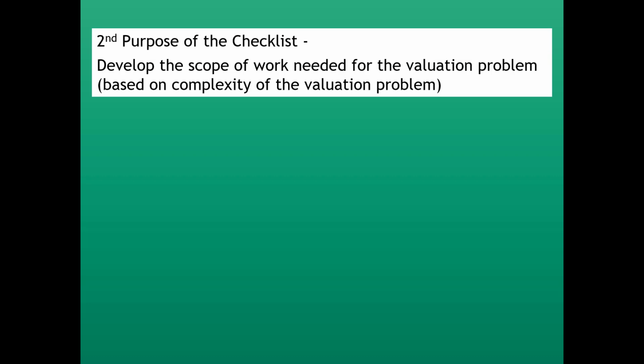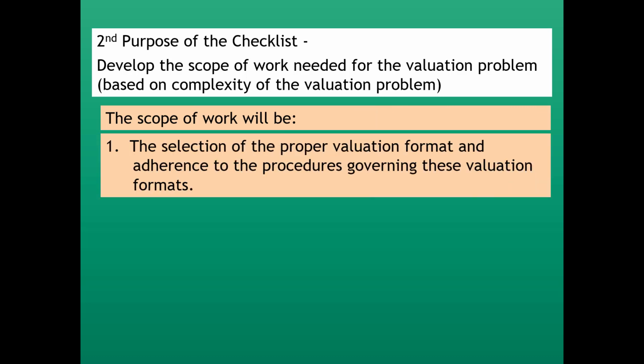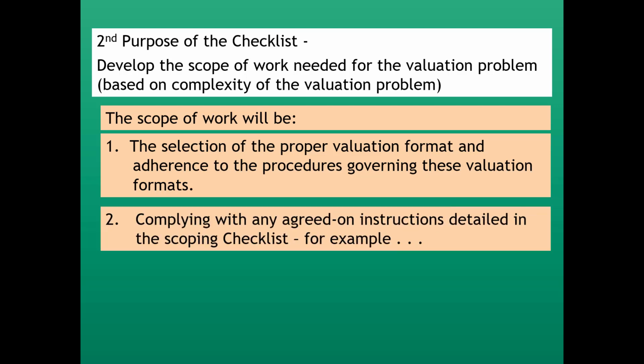All right, so let's get on with the second purpose of the checklist, which is to develop the scope of work needed for the valuation problem based on the complexity of the valuation problem. The scope of work will be, one, the selection of the proper valuation format and then adherence to the procedures governing that particular valuation format, and two, complying with any agreed on instructions that may be detailed in the scoping checklist.